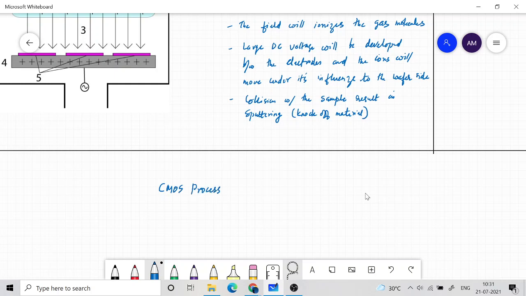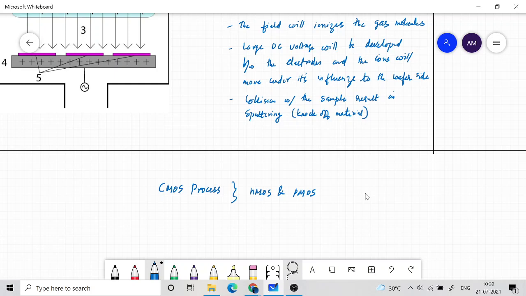Now the CMOS process is a process in which both NMOS and PMOS devices will be created. We will do a sequence of operations, and at the end of it, we have an NMOS and a PMOS created on the wafer substrate. Where they have to be created depends upon the circuit diagram and the corresponding layout.